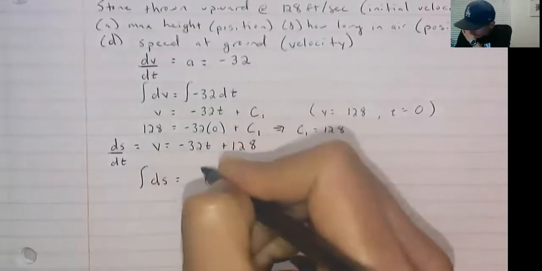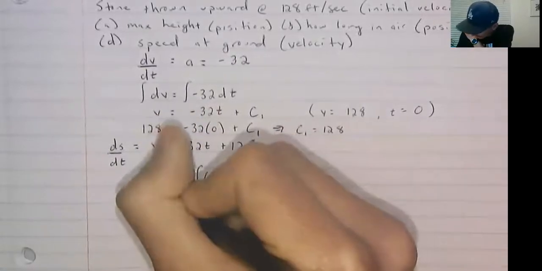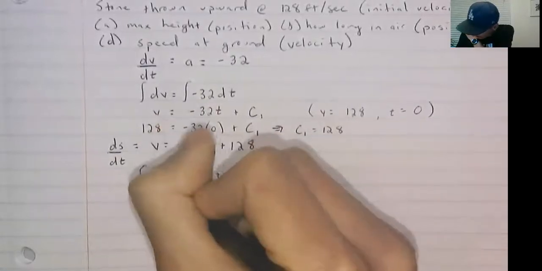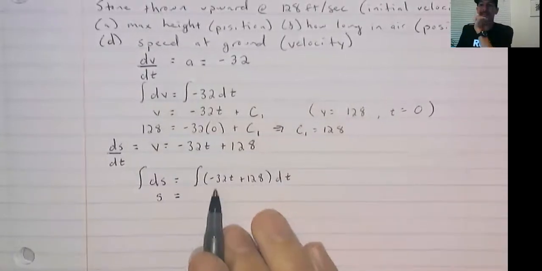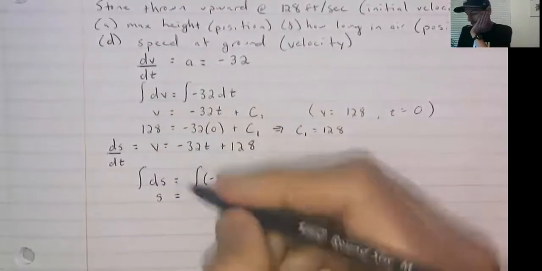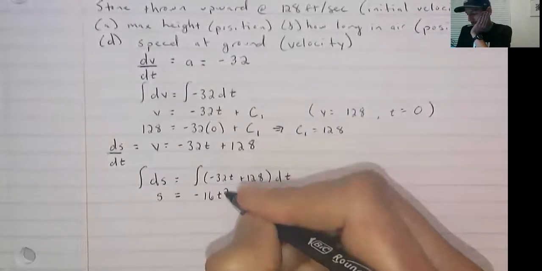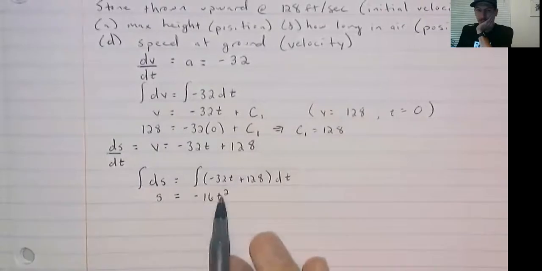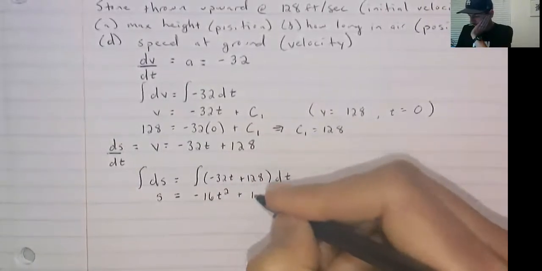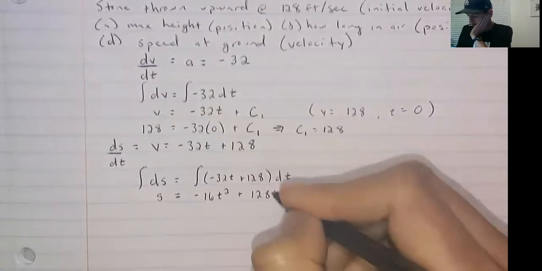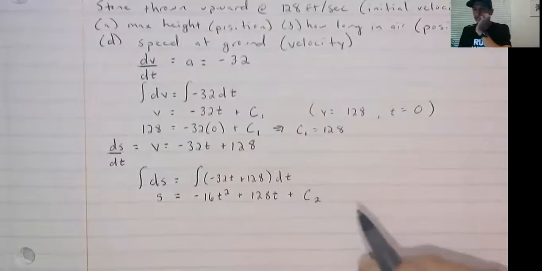Antiderivative on both sides. The left side gives us s, the position. The right side, the antiderivative of negative 32t, should be something like negative 16 t squared. Quick check, yeah, that checks out. Plus 128t plus C2.